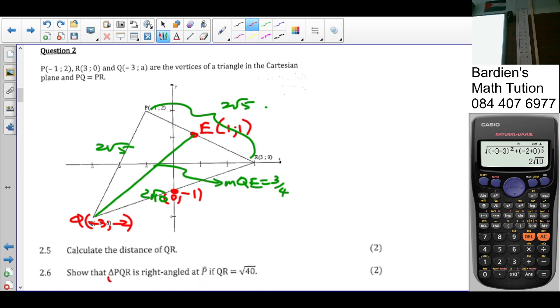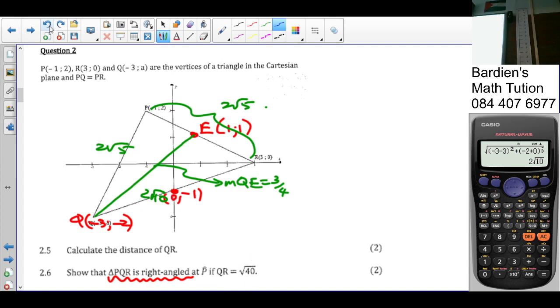It says show that triangle PQR is a right angle triangle. So we can't use the fact that it is a right angle triangle to prove it. We are also told that QR is root 40. We know that 2 root 10 is root 40.